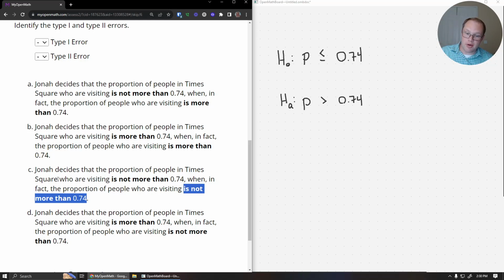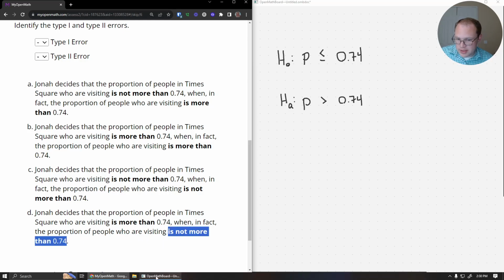So B and C are the correct outcome. They are not errors. But part D, Jonah decides that the proportion is more than 0.74, when in fact the proportion is not more than 0.74. So what he concluded does not match reality. This is an error.